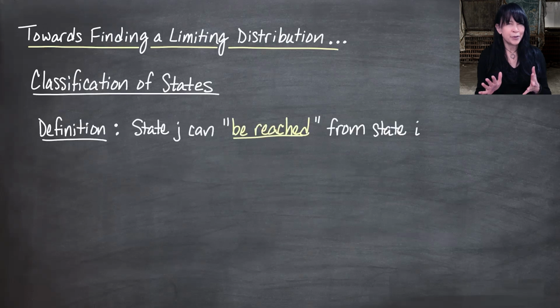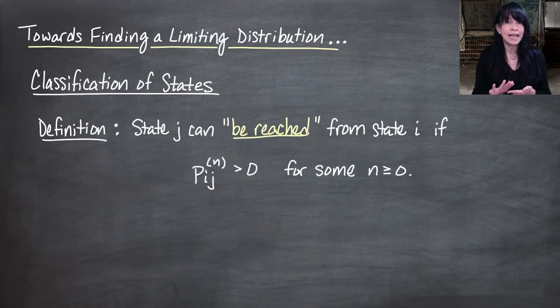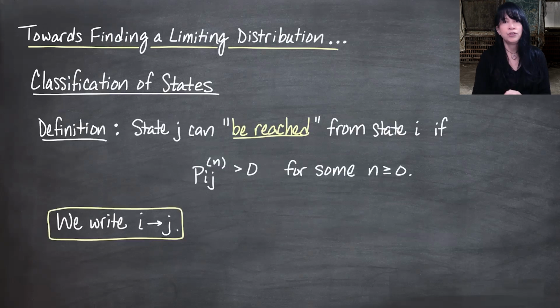In other words, in symbols, if the probability of going from i to j in n steps is positive for some non-negative integer n, and the fact that n can be 0 is important here. I'll get back to that in a moment. But if this is true, we write i and then an arrow to j to say that j can be reached from i.